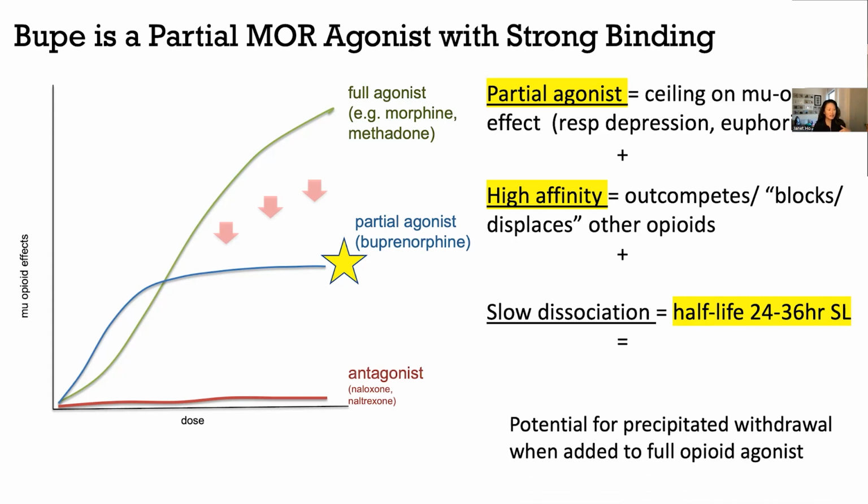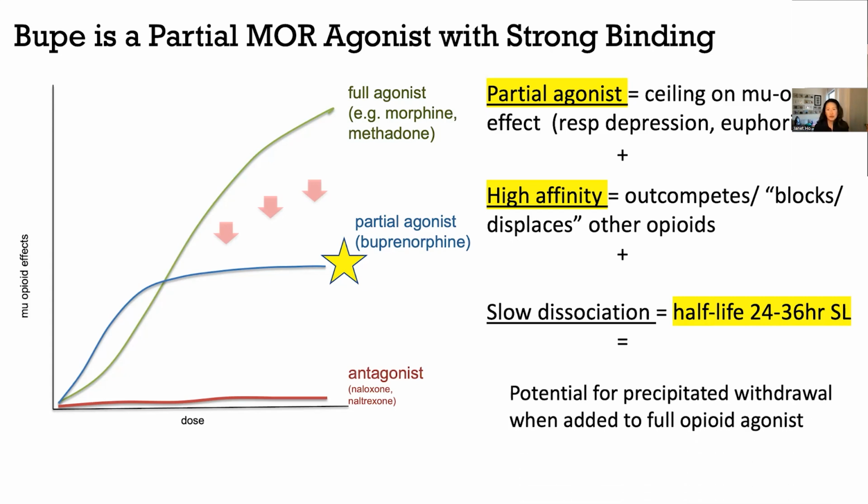But when you put this all together, this is what most people know about buprenorphine, both patients and clinicians, which is that there is the potential for precipitated withdrawal if you add buprenorphine to a system that already has full agonist. So again, if you're somebody who's regularly taking any full opioid agonist, or FOA, such as oxycodone or heroin, you're going to have mu-opioid effects that are consistently this high.